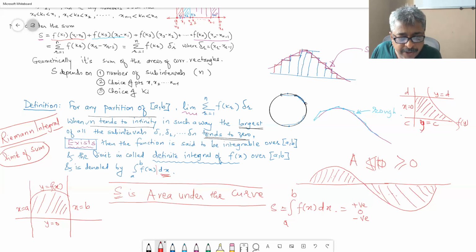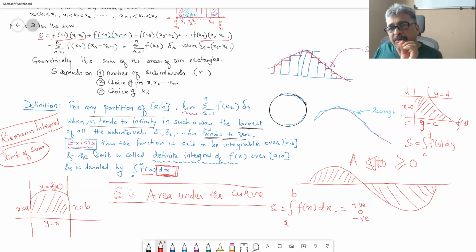This will tell us: this is our real variable, differential of x, subinterval of x, function of x. This is function of y, subinterval of y, and the boundaries are y is equal to c, y is equal to d. So this integral will be written as the integral from c to d of f of y dy. Okay, this is the sum.